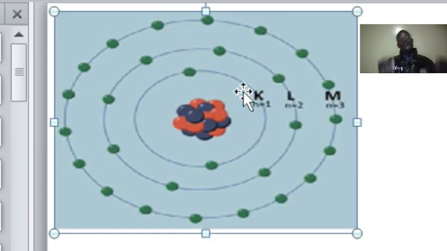As you understand, if you increase the strength of a magnet, the force of attraction becomes greater compared to when you have a weak magnet. That is really what happens here. Clearly, this shows that the K shell binding energy is greater than the L shell binding energy.